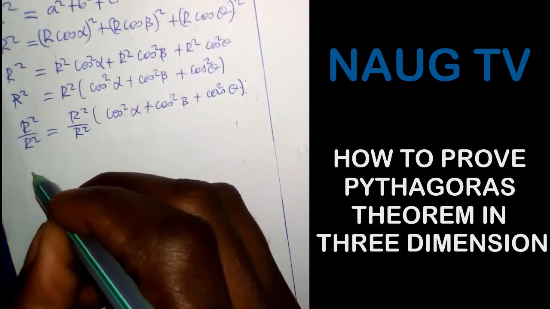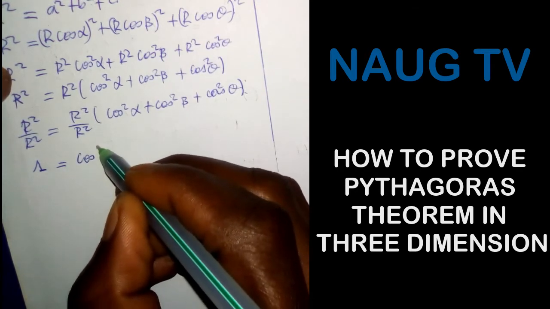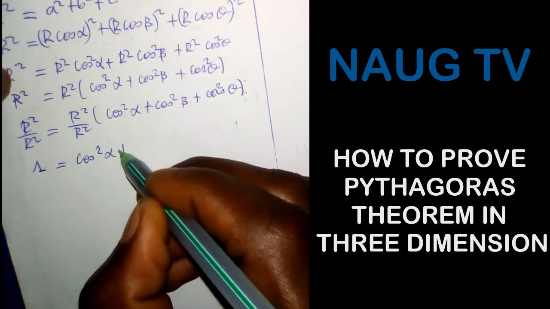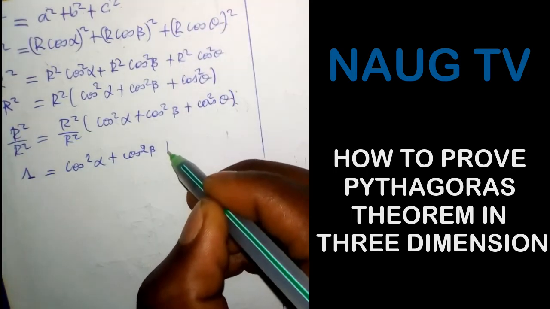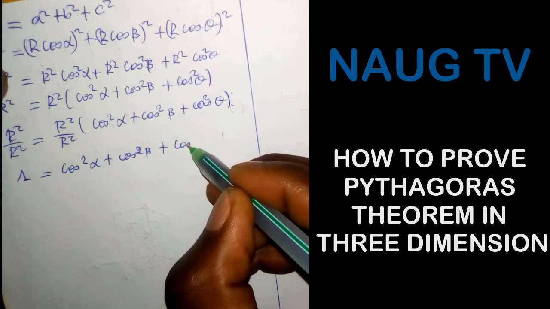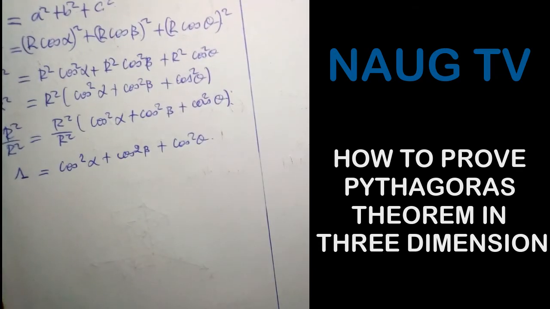So we will get 1 equals cos squared alpha plus cos squared beta plus cos squared theta.